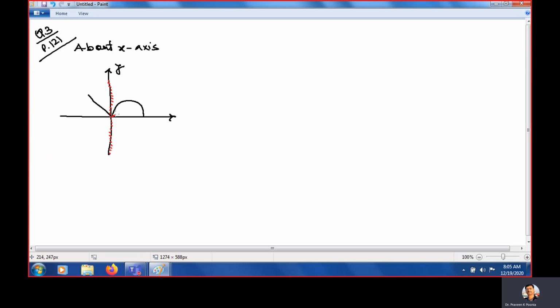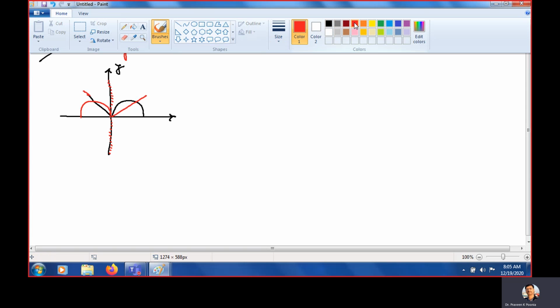If this line is here, this should be here, and if this line is here, it should be here. So it is symmetrical about, no, I explained it wrong. This is symmetry about the y-axis. This is about the y-axis, please.